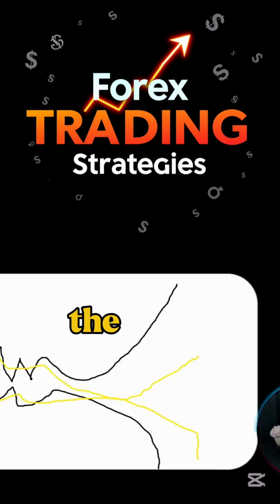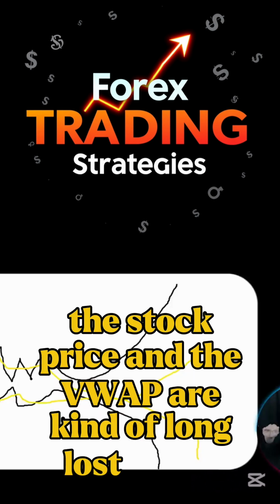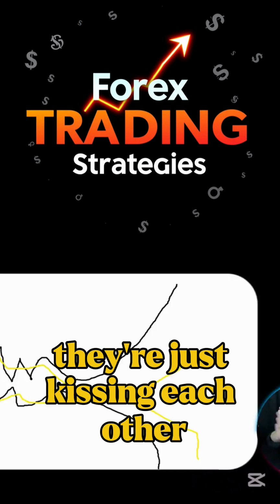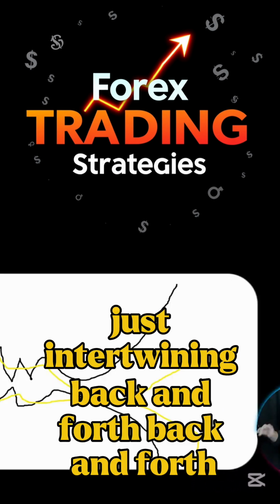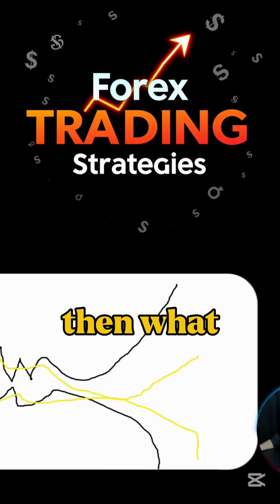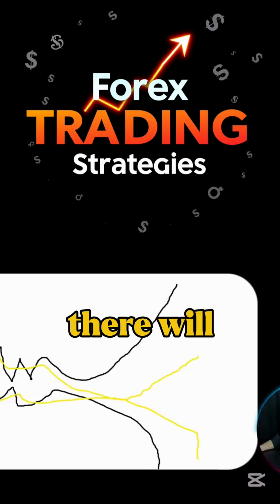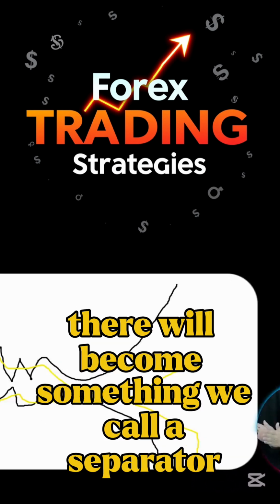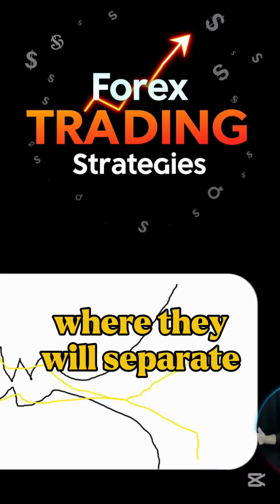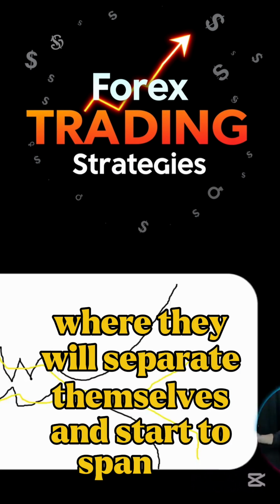And these two, the stock price and the VWAP, are kind of long lost lovers. They're just kissing each other, just intertwining back and forth, back and forth, back and forth. Then what will, in fact, 100% of the time happen in the future, there will become something we call a separator, where they will separate themselves and start to span out.